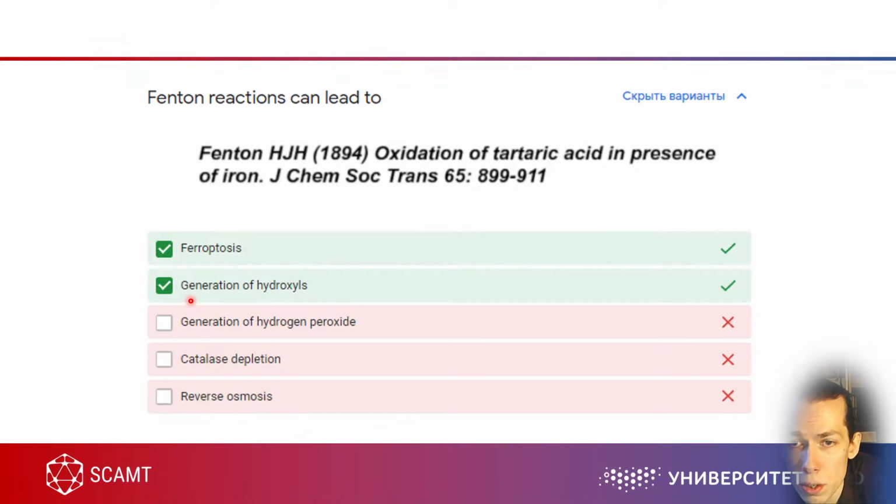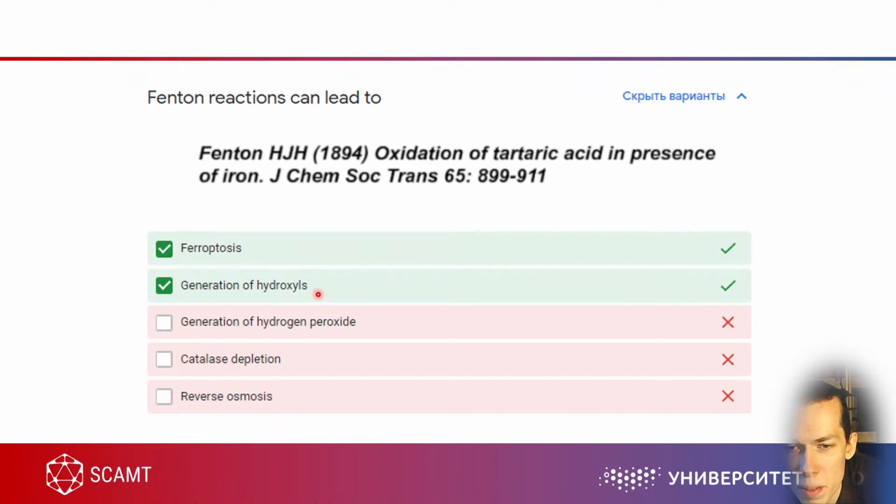About the Fenton reaction, Fenton discovered this reaction back in the 19th century, so more than 100 years have passed already. Fenton reactions can lead to ferroptosis, so death because of accumulation of reactive oxygen species connected with accumulation of iron atoms and generation of hydroxyls, because if you look at the scheme I presented in the previous lecture, it's a generation of hydroxyl.